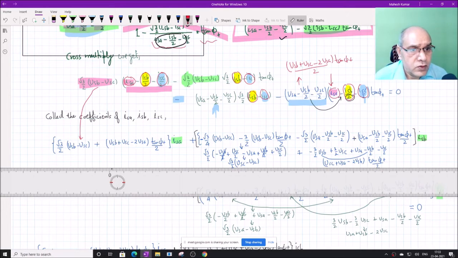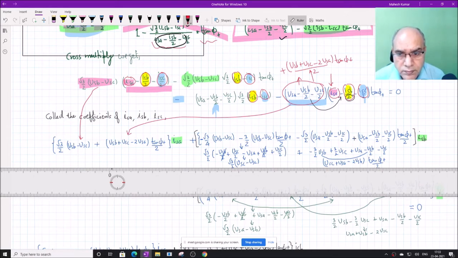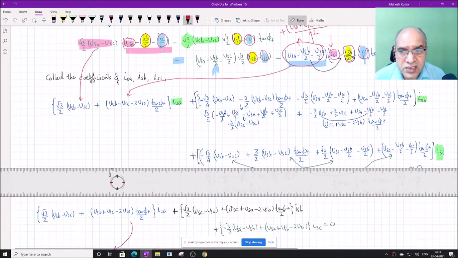And since I have changed the order of the terms, this was a minus term here, this is minus here, so they become plus. So this whole term becomes this term when I bring it here. Clear? So this is the coefficient of ISA.